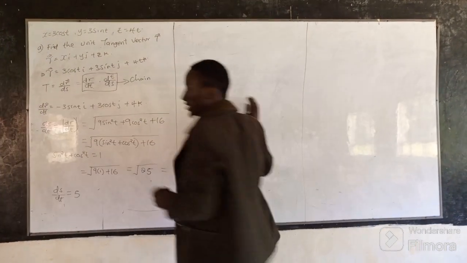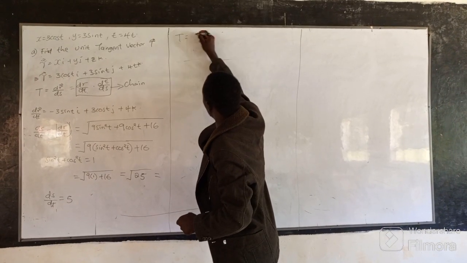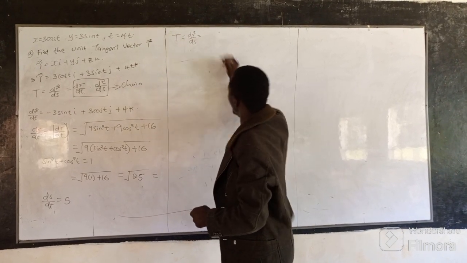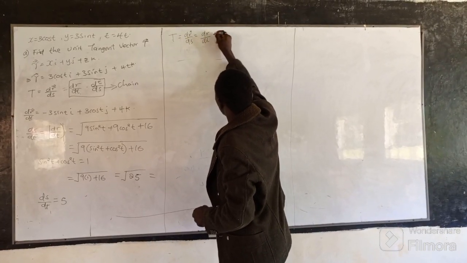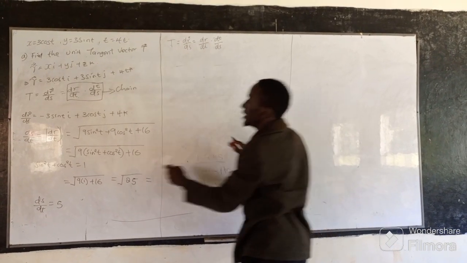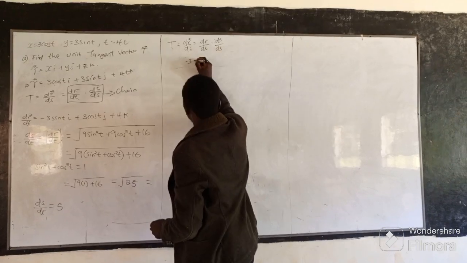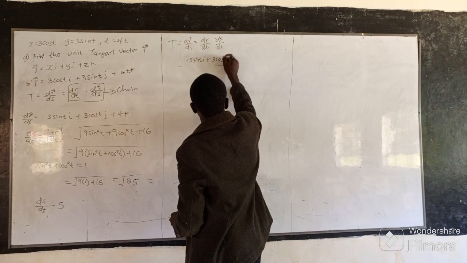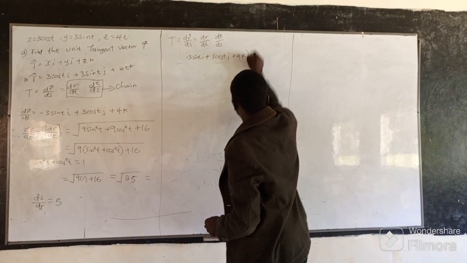Let me come back to the value of T. T was equal to dr over ds, which is equal to, using the formula of chain rule, dr over dt multiplied by dt over ds. Now, dr over dt, I'm having it here: negative 3 sin t i plus 3 cos t j, then plus 4k.